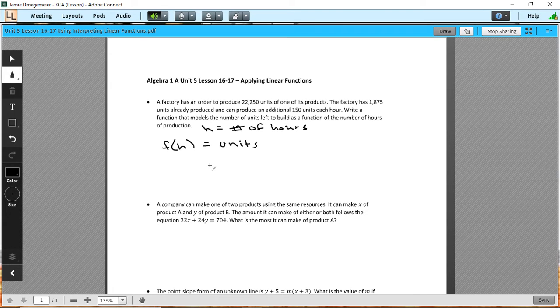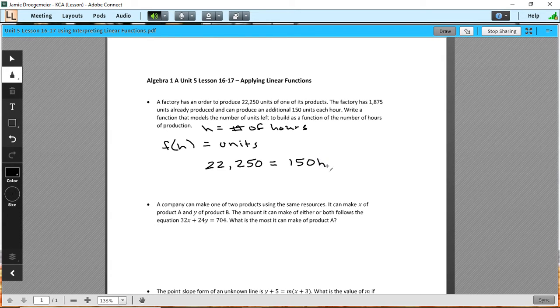So our f of h is the 22,250. And to get there, we're going to start with our rate of change, 150 units each hour.